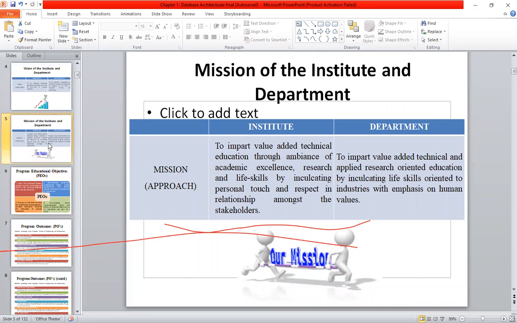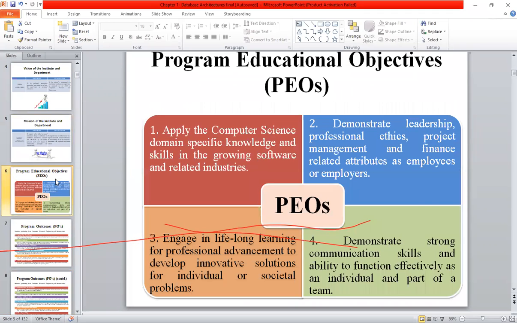After completion of your degree, nowadays everyone in the IT sector has the dream to get a job in MNCs, right? So whatever technical knowledge and research oriented education you gain, these skills can be implemented in your industries. These are the visions and missions of your department and the institute.